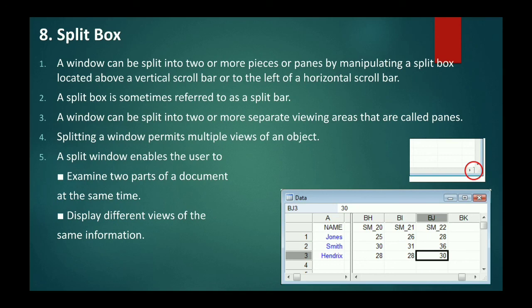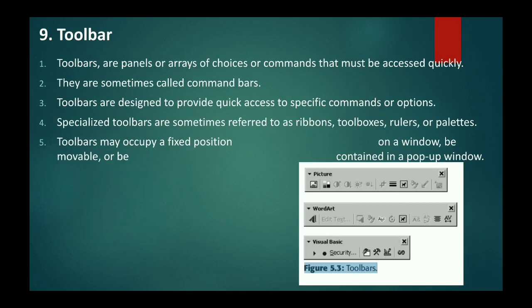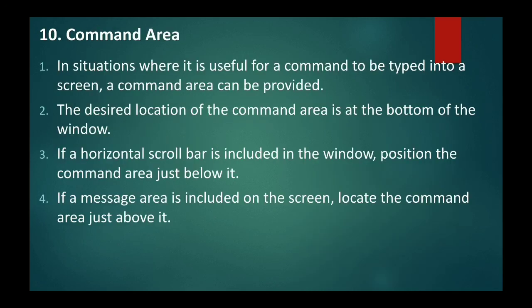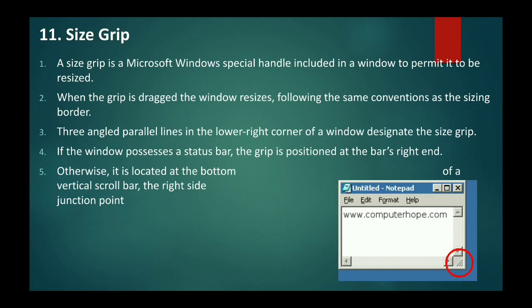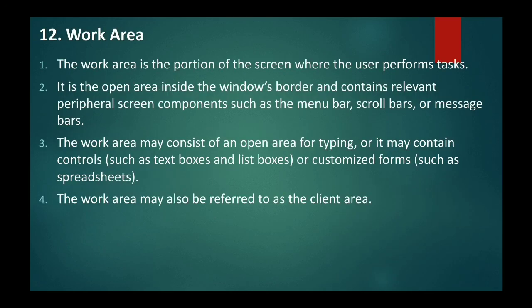This is called the split box option. Next is the toolbar, where different options are grouped together. Then the command area. The next is the size grip, from which you can resize the corners. These are also called resizing corners, so you can resize the window. The last is the work area.